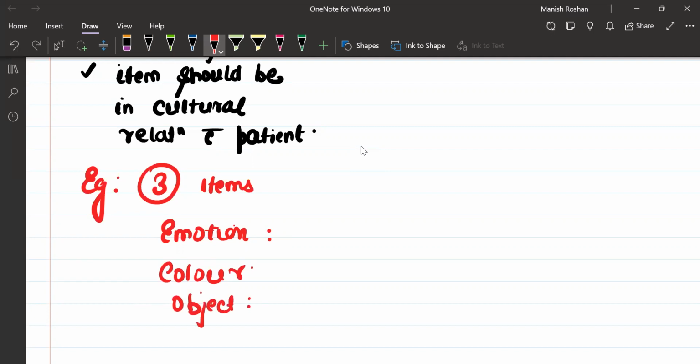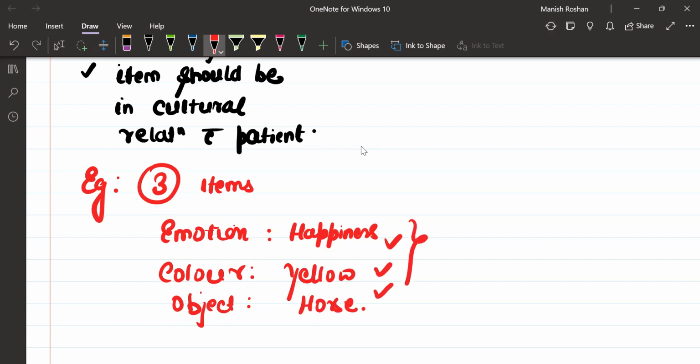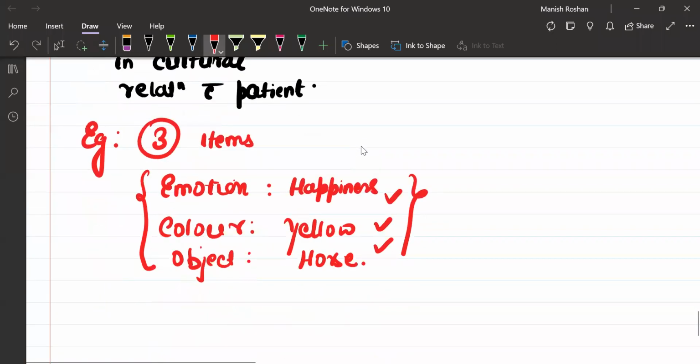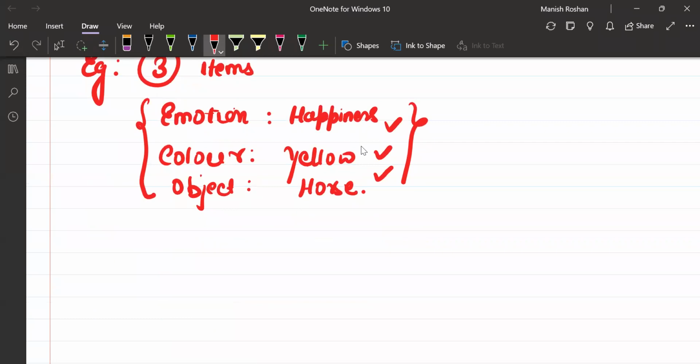For example, the emotion is happiness; in Hindi, you can call it khushi. Color, you can give as yellow. And object, you can give as horse. So these are all unrelated items. You have to ask the patient to register. So you'll be uttering these words and asking the patient to repeat after you.